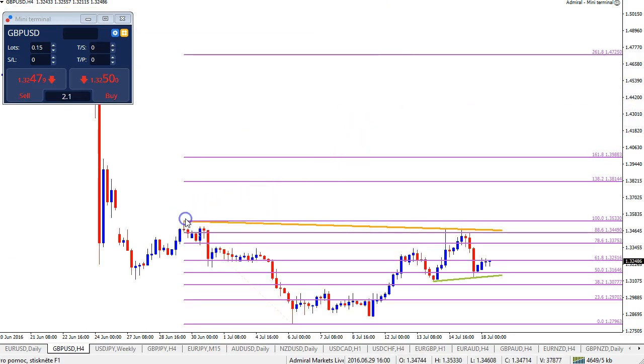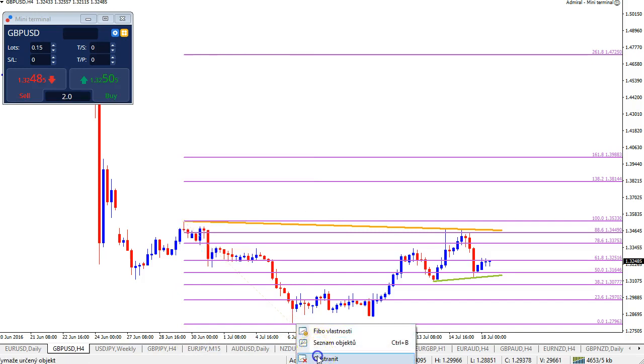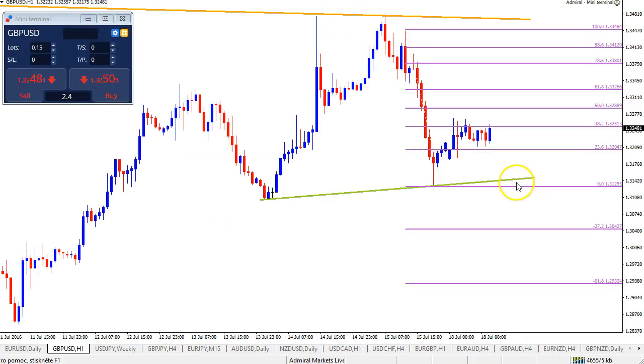Let me take this fib off so that I'm not mixing these fibs. If you then zoom into the hourly, you see that 132.50 could be a very good turning spot for this wave 4. Now, will it turn? I'm not sure. If it turns, it would break through this trend line. That would be a first indication. If price hits these fibs and turns, that could still be very bearish.